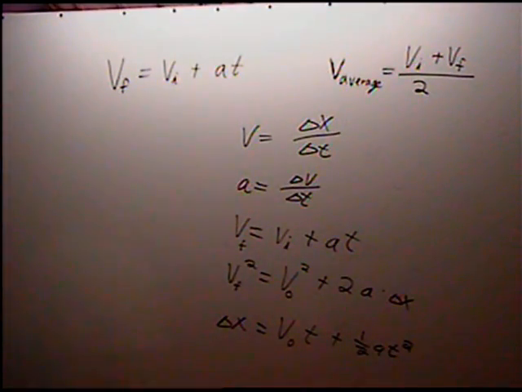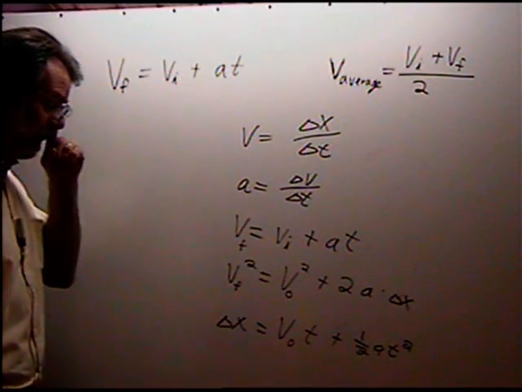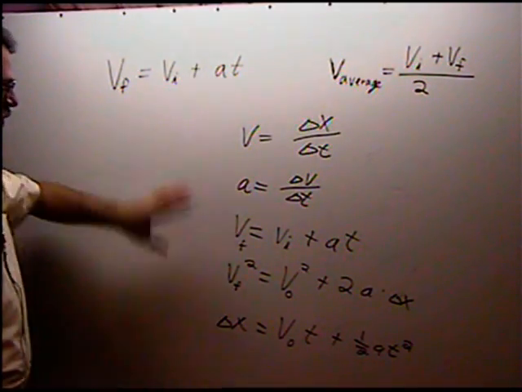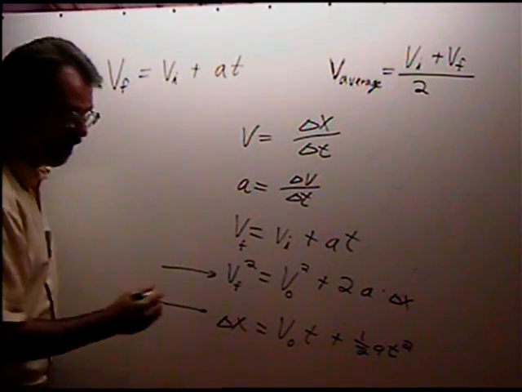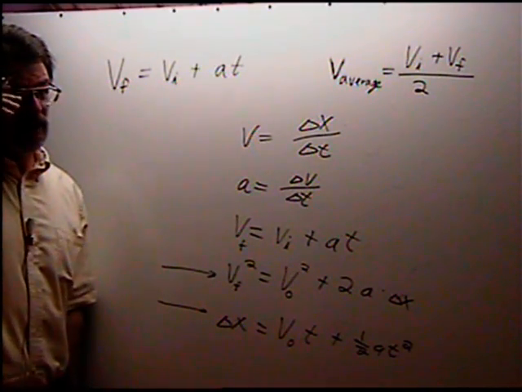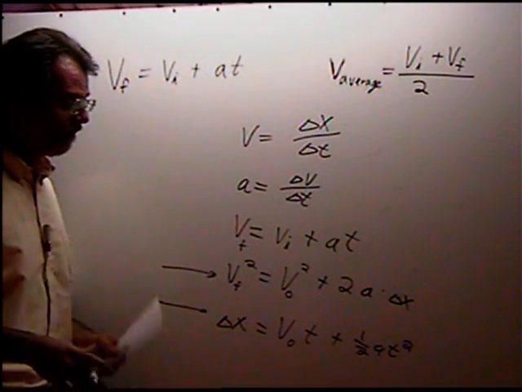Okay. At this point, instead of going over how the author derives these two equations, I'm going to go over a slightly different way. And I hope the way that I go over it will actually be more clear.